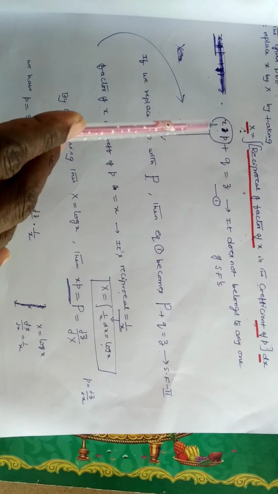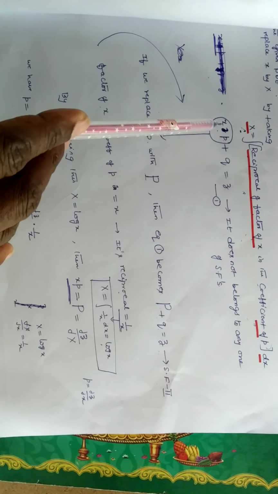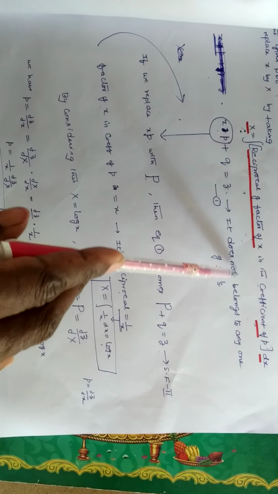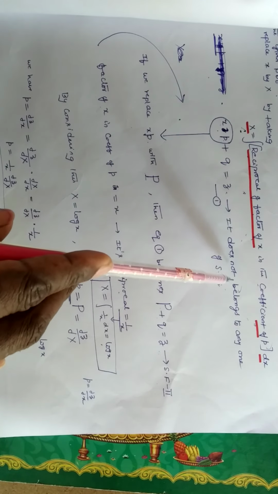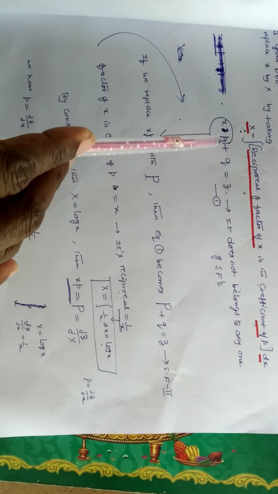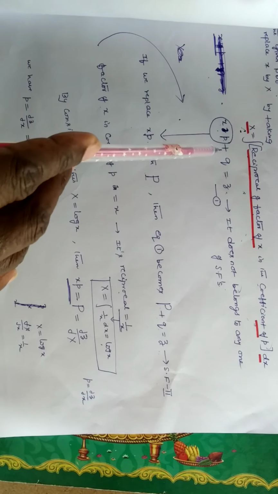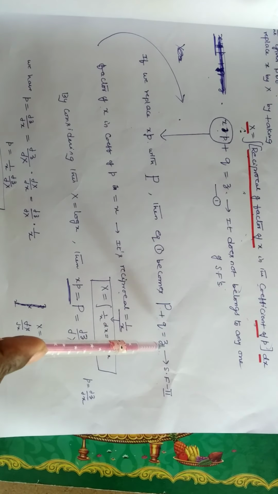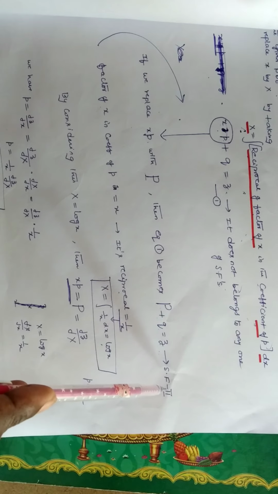For example, if we consider the partial differential equation x into small p plus q equal to z, it does not belong to any one of the standard forms. If we replace x into small p with capital P, then the equation 1 changes to capital P plus small q equal to z. This belongs to standard form 2.